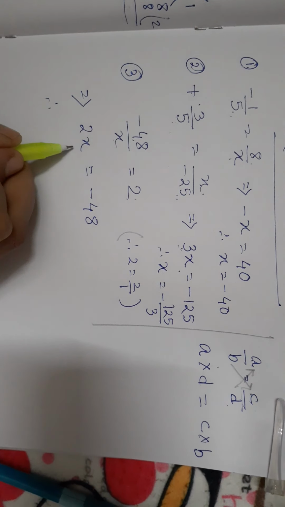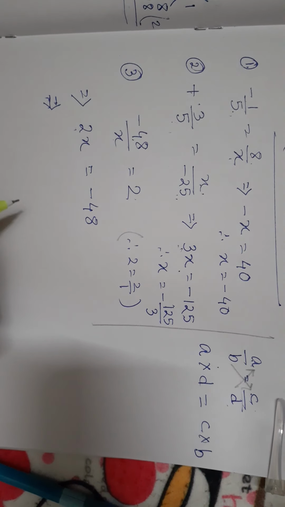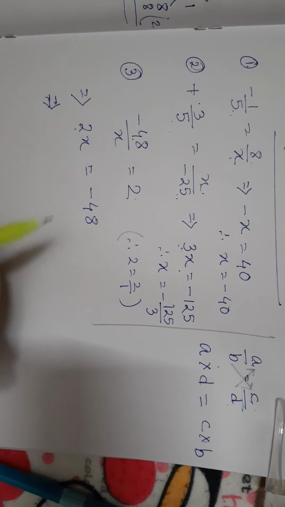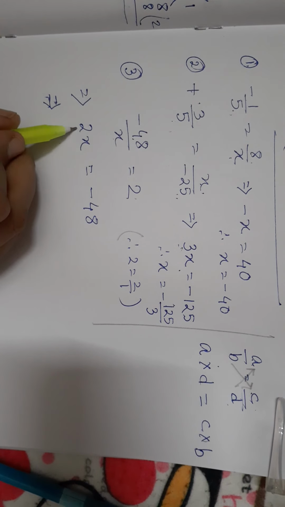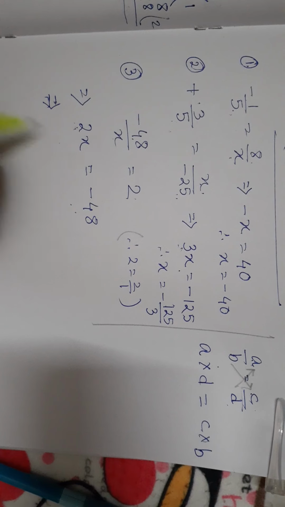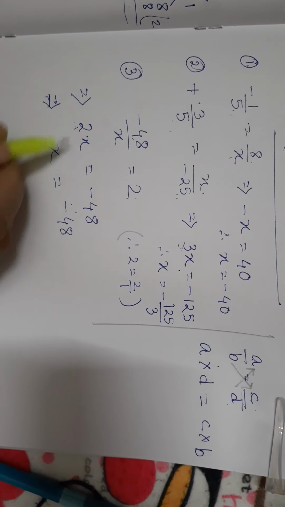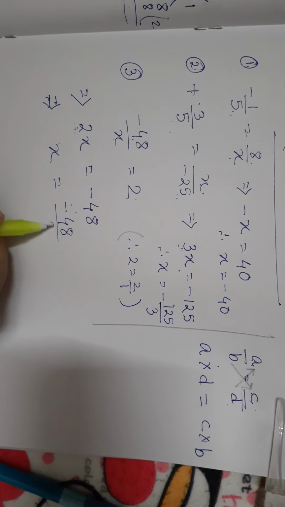But we need the value of x, so we have to send this 2 to the other side. When you send this 2 to the other side, again we will bring this 2 in the denominator. That means x is equal to minus 48 by 2.